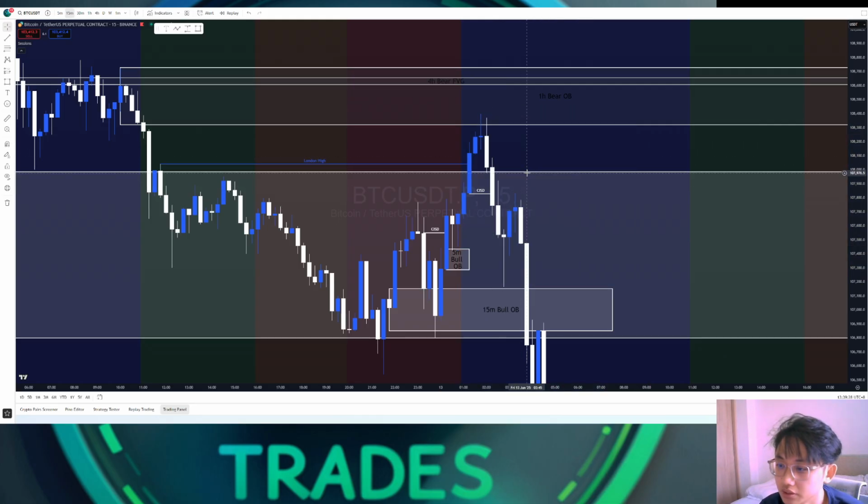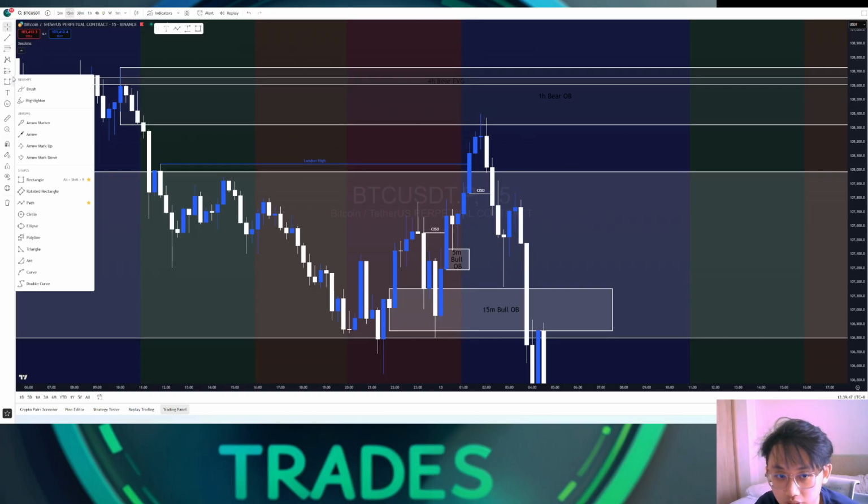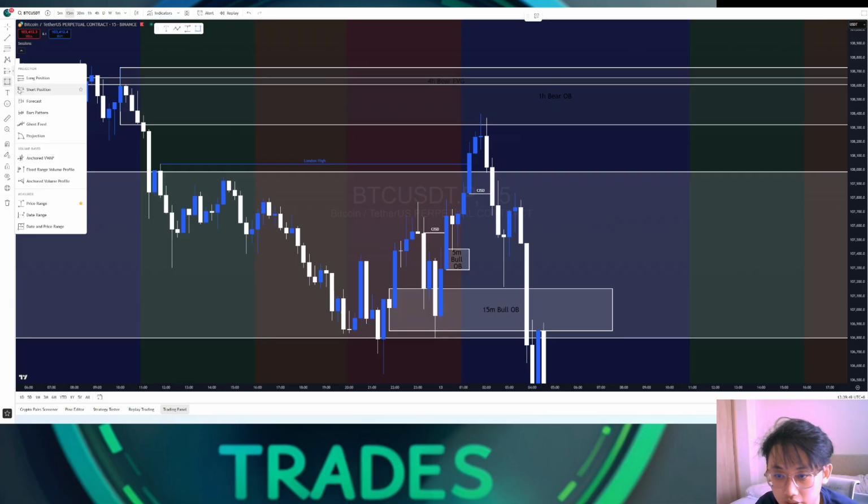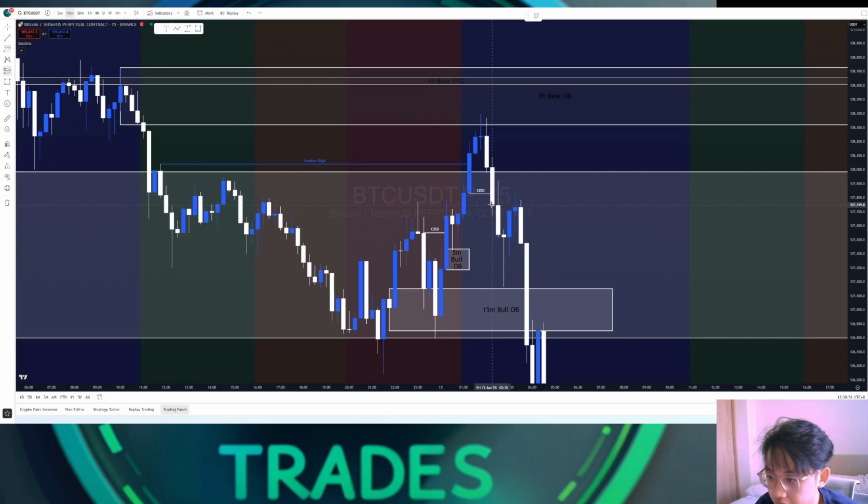In this case the retest didn't happen, right? So this is the fair value gap that got created right here, and as you can see, it's one candle length.